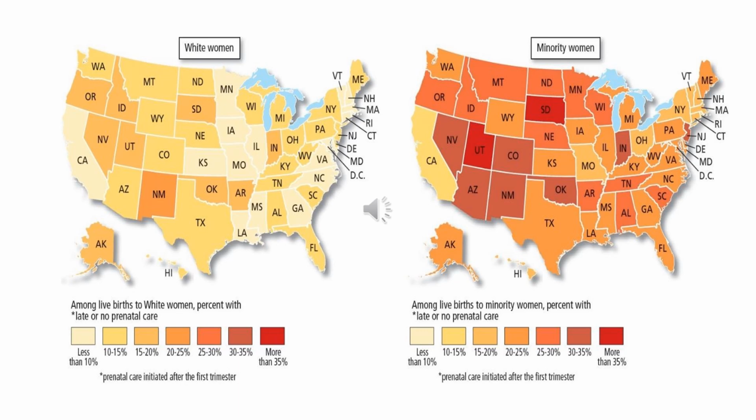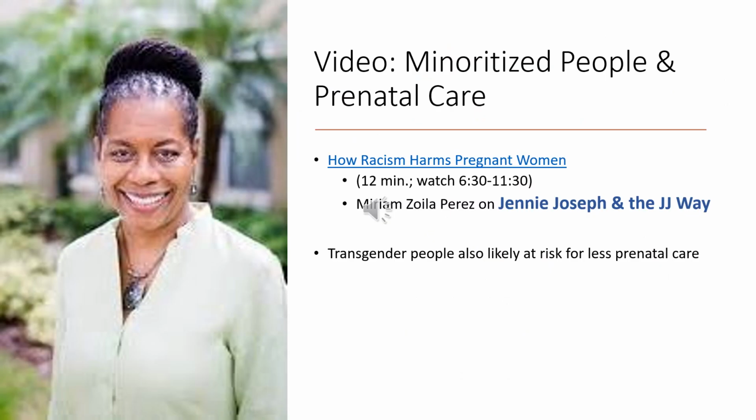And so what you can see is that across the U.S., for women of color, there is on average more likely to be later or less access to prenatal care. And for many years, this was explained basically in terms of income, that it was more about income than it was about skin color. But recent conversations are starting to call that into question. And so we've got more information coming about that.